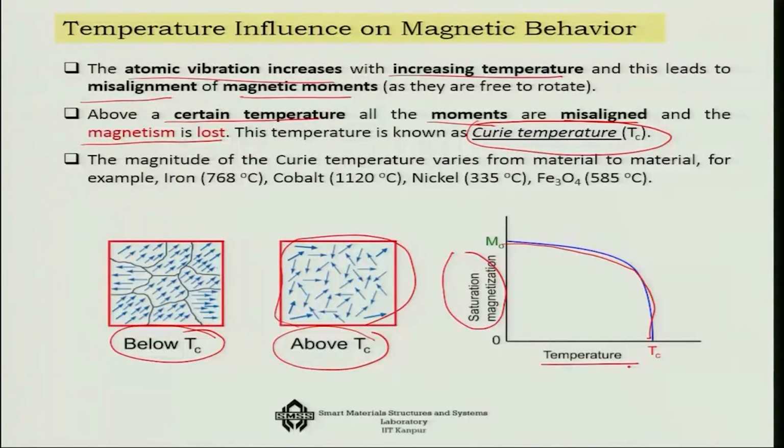For example, for iron it is 768 degrees centigrade, cobalt 1120. One thing you can notice is that it is close to its melting point. Nickel is 335, and Fe3O4 about 585 degrees centigrade. So, that is the temperature influence on the magnetic behavior.